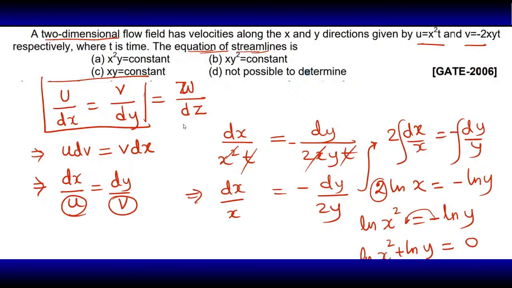Then ln something plus ln something becomes multiplication, so ln of x square y equals 0. Now what is 0? ln 1 is equivalent to 0. So you get x square y is constant. Now which option do you get? This is a very easy one.